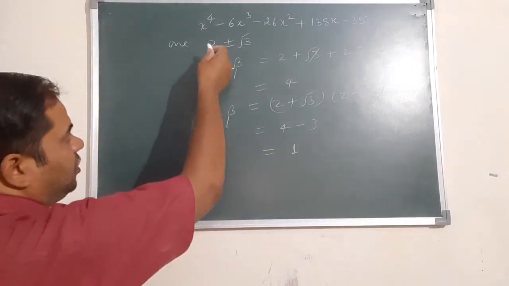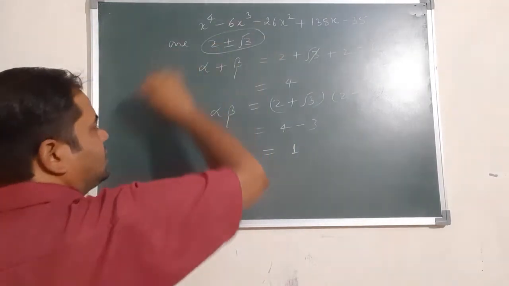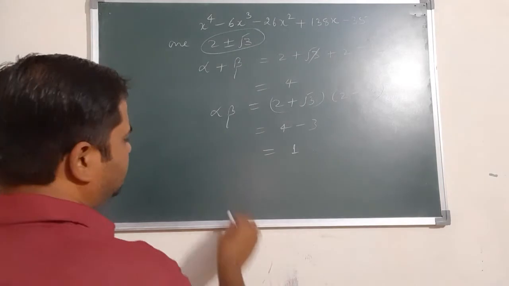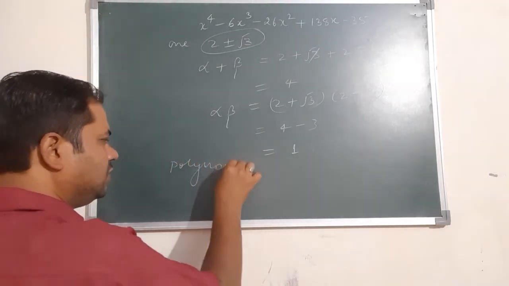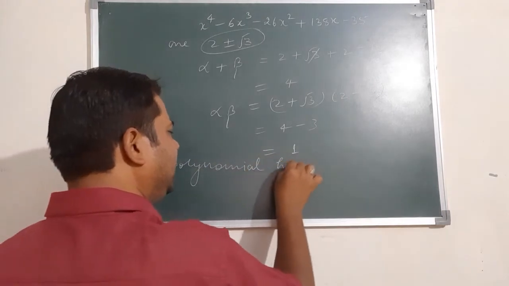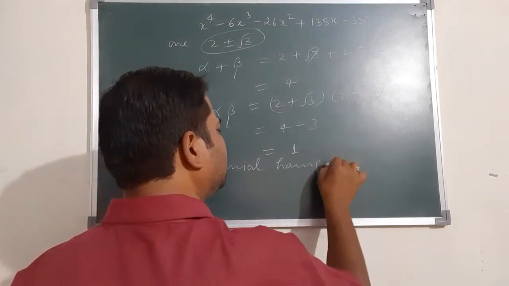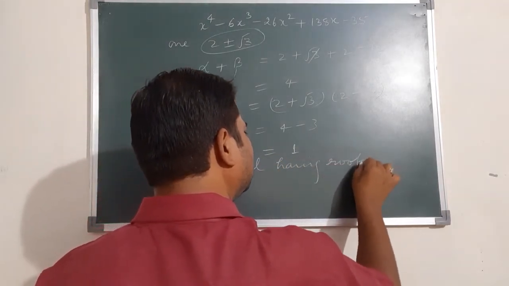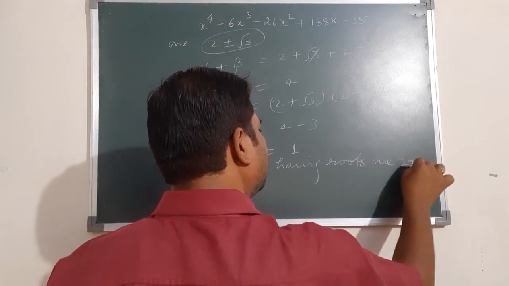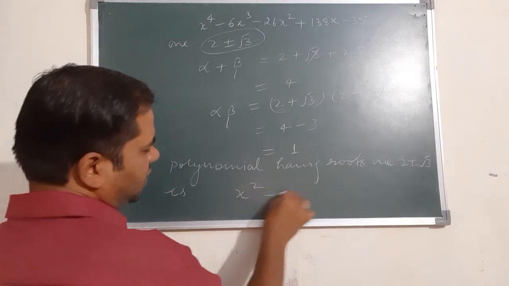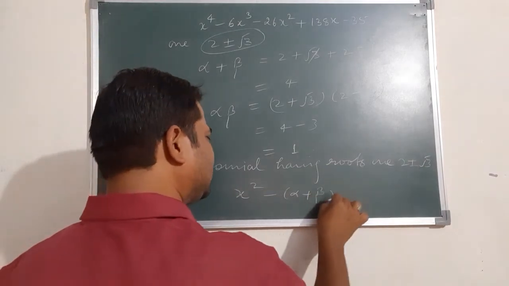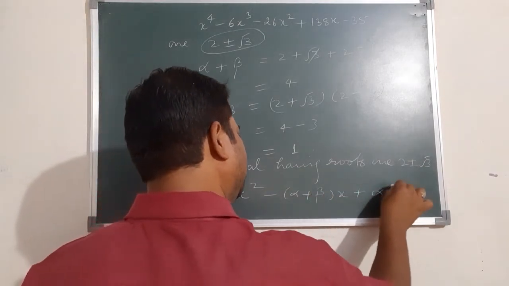So the polynomial having roots 2 plus minus root 3 is x square minus (alpha plus beta)x plus alpha beta.